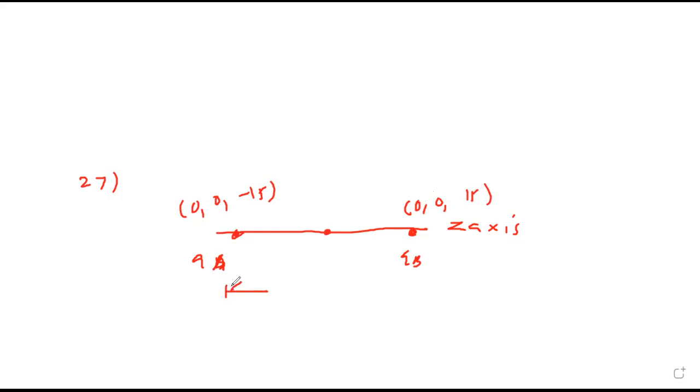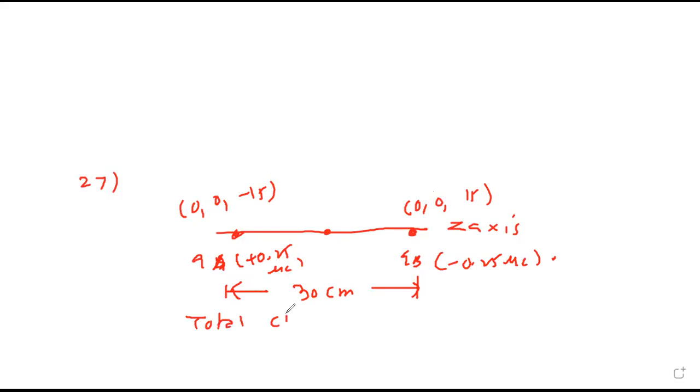So the total distance between them will be 30 centimeter. Charge is plus 0.25 microcoulomb and minus 0.25 microcoulomb. Find the total charge. Total charge is QA plus QB, 0.25 minus 0.25 equals 0.